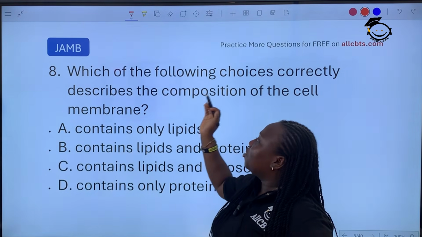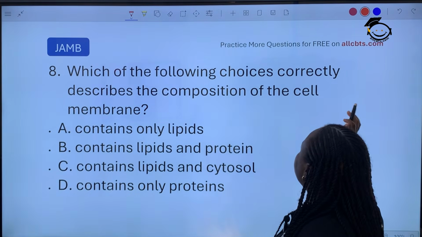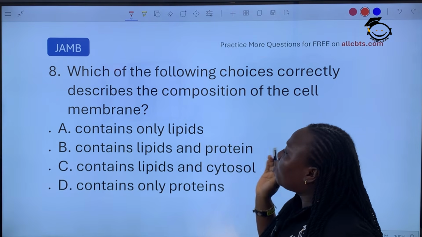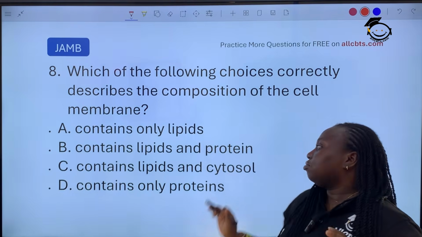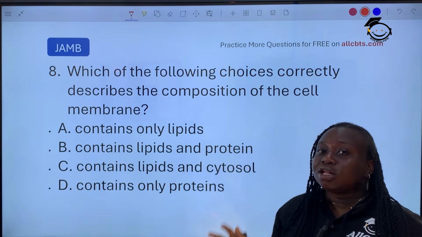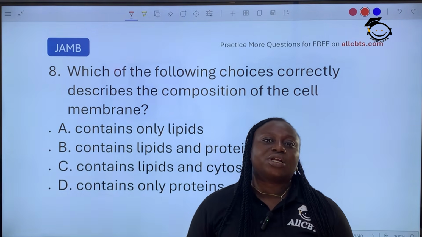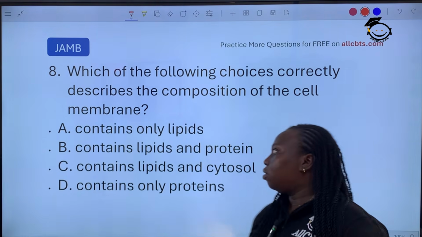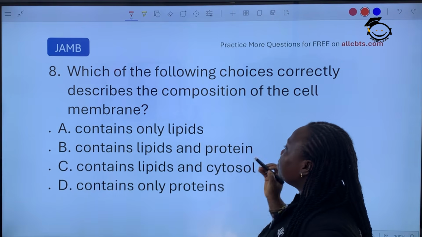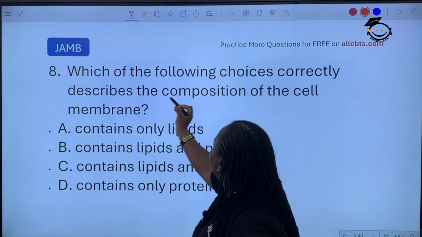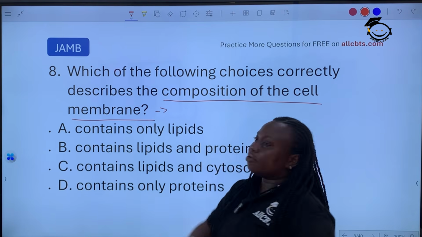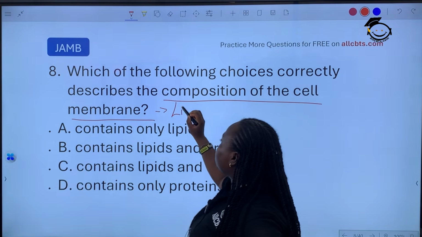Number 8. Which of the following choices correctly describes the composition of the cell membrane? So they are trying to ask us, what is the composition of the cell membrane? What is the cell membrane made of? Now, this cell membrane is made up of lipids. What are lipids?